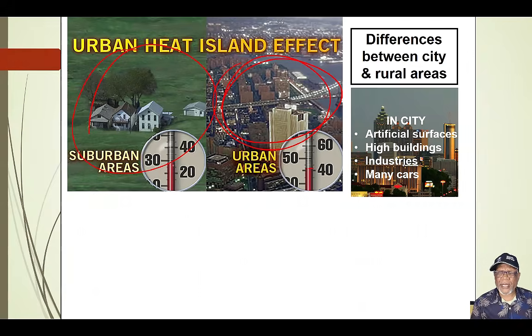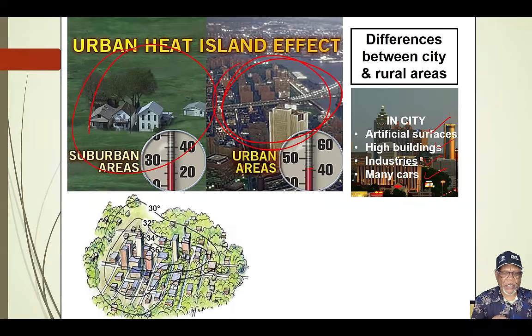So why are cities warmer? Because of the artificial surfaces that are absorbing heat. It is because of the high buildings that provide more absorption area. It's because of industrial activities that are creating heat. It is because of many vehicles that are also creating a lot of heat.